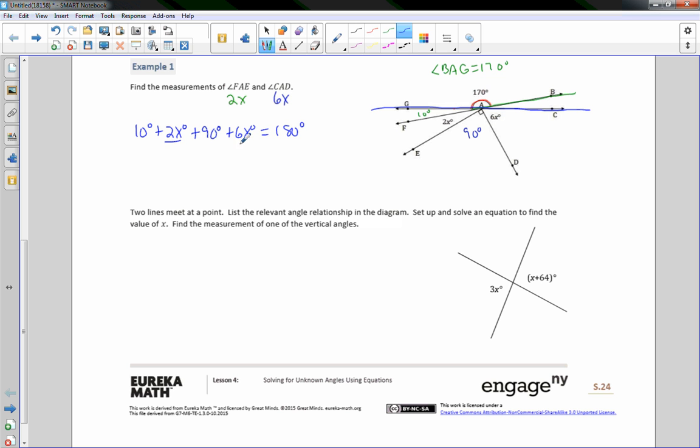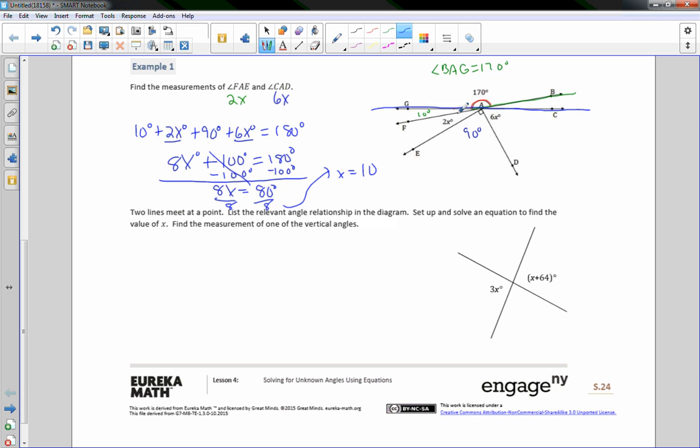If I combine my like terms, I get 8x plus 10 plus 90 is 100 equals 180 degrees. If I subtract 100 degrees from both sides, I get my x value by itself. And we have 8x equal to 80. 180 minus 100 is 80. And then when I divide by 8, I get x equals 80 divided by 8, or 10.